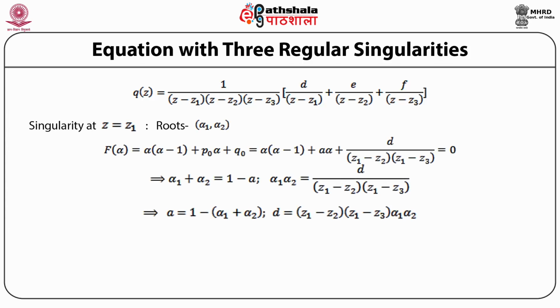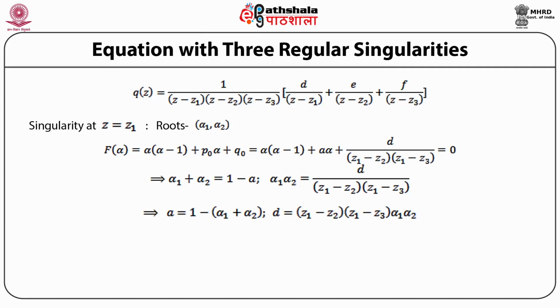For the regular singularity at z equal to z1, the indicial equation given by f(alpha) equal to alpha(alpha - 1) plus p0 alpha plus q0 takes the form f(alpha) is equal to alpha(alpha - 1) plus a alpha plus d by (z1 - z2)(z1 - z3) is equal to 0.